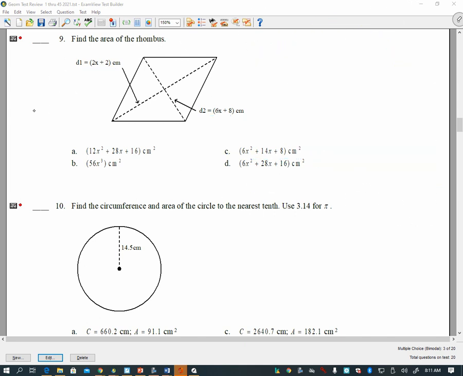So don't assume just because your review is identical to your test that you're going to do all the right things on test day. Keep in mind too, all that work that we put on the board needs to be your work on the test. I may not go through your homework with a fine-tooth comb, but I will go through your test and I will DSA, does not support answer, wherever I feel it needs to happen.